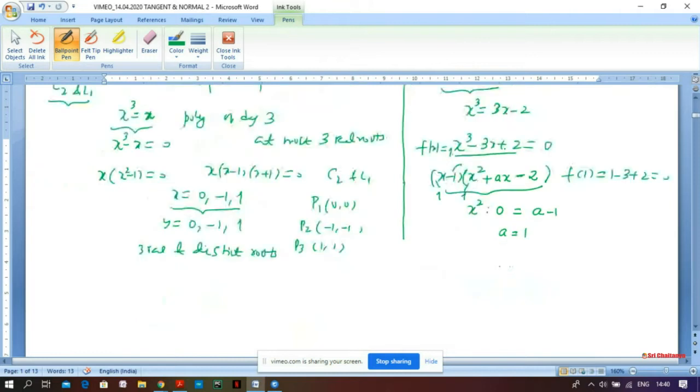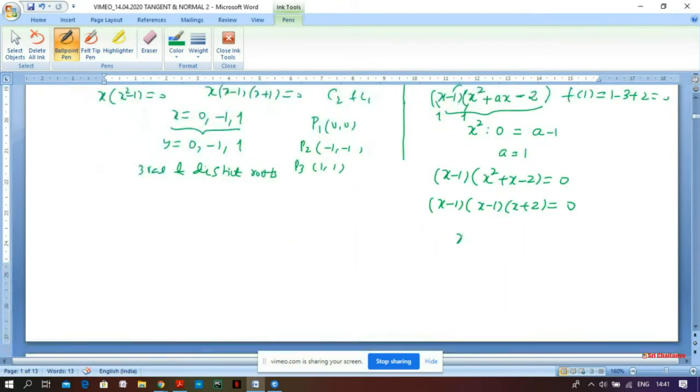So we can factorize it further by writing x minus 1 times x square plus x minus 2 equal to 0. And still we see that 1 is again a root, so x minus 1 times x plus 2 equal to 0. So you get x minus 1 whole square, times x plus 2, equal to 0.